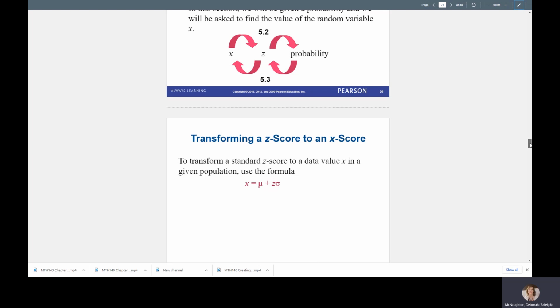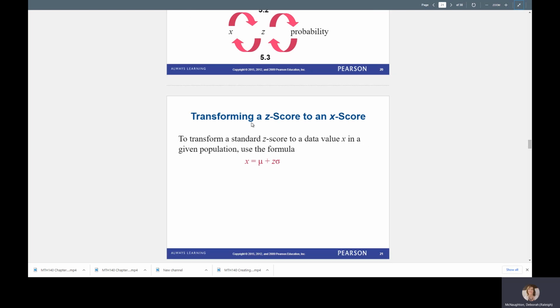The way that we transform a z-score to an x-score: we start with the z-score and we have to transform it backwards. To transform from a z-score to a data value x in a given population, we use this formula. I just wanted to start by saying where this formula comes from. z equals x minus mu over sigma, so all we're doing here is solving for x.